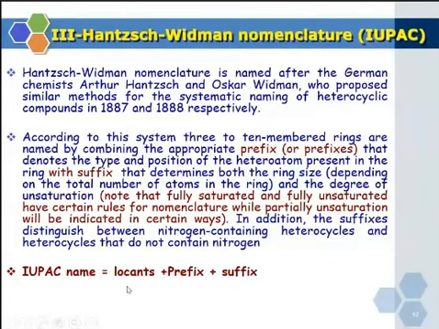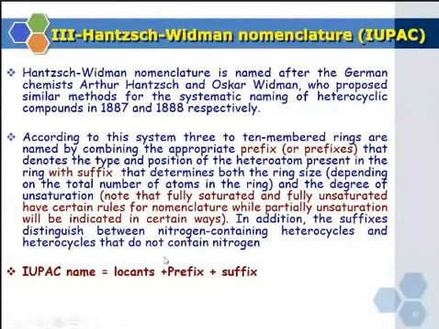So in all, we can say the IUPAC nomenclature or Hantzsch-Widman nomenclature has 3 parts in its nomenclature pattern. First is locants, that is positions. Next is prefix, and third is suffix. Here we can see the position number. Here we can see what sort of ring it is, 5-membered ring, 6-membered ring, what type of heteroatom is attached, etc. And the suffix gives us the actual size of the ring and the degree of saturation and unsaturation.